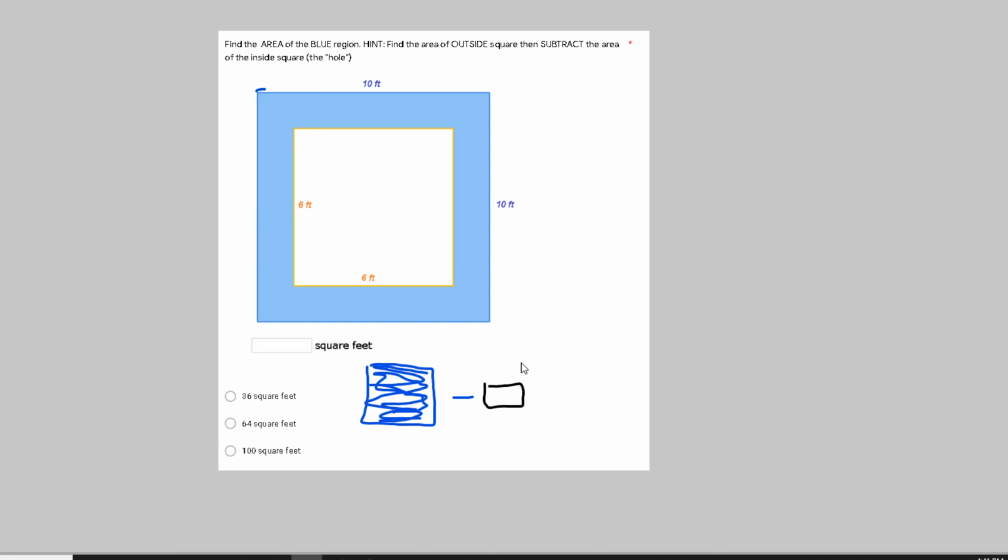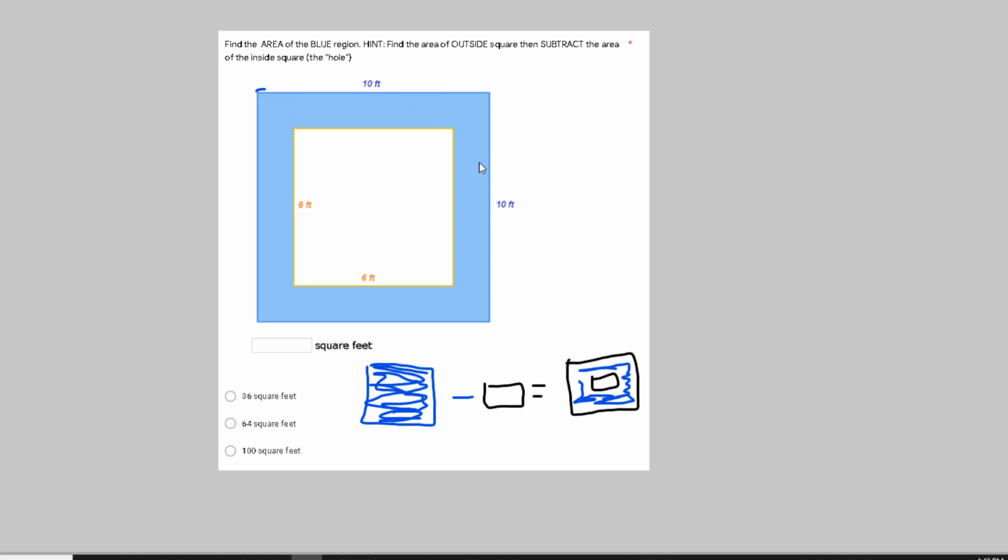So you need to think about why this works. We're taking this away from the area of the whole rectangle, and what that leaves us is this blue region left over.